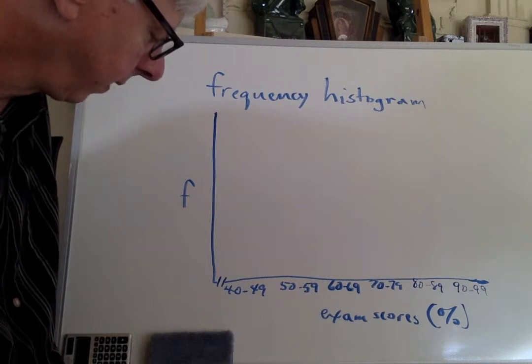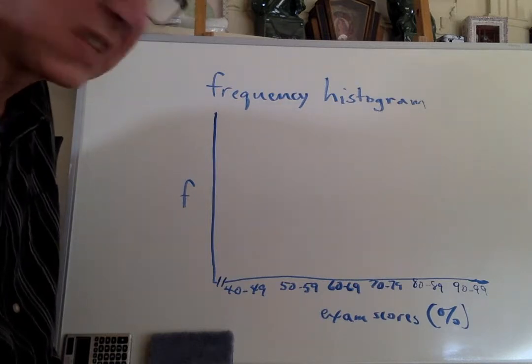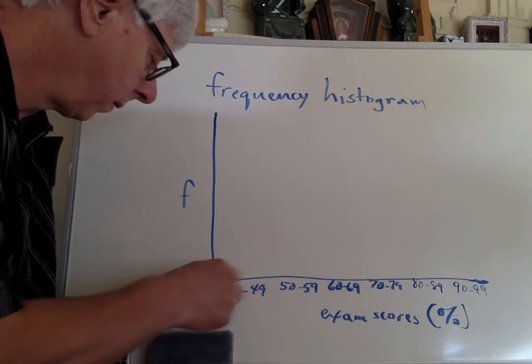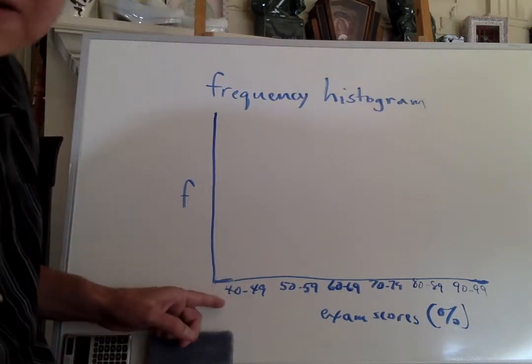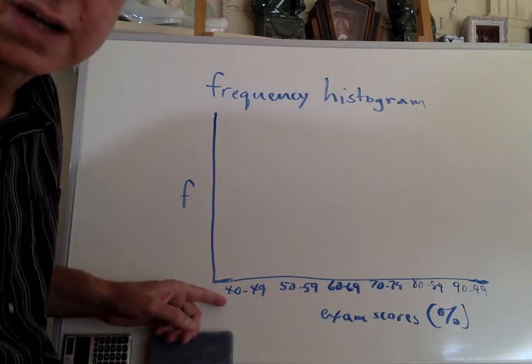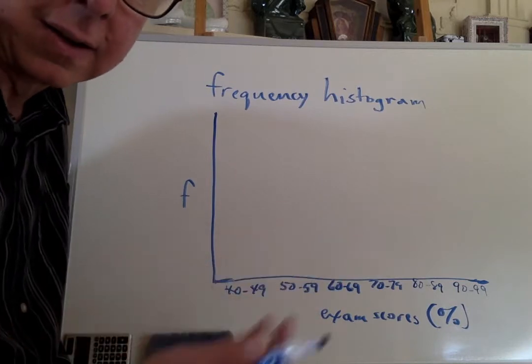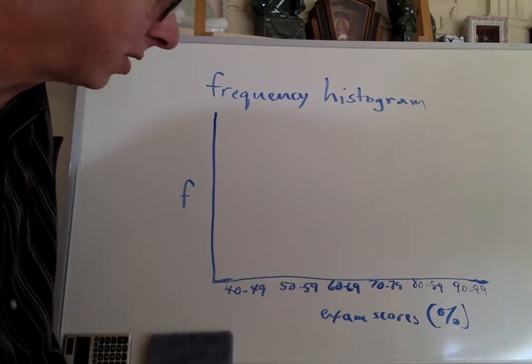I always find that quite silly, because what I always say is, as soon as I saw that 40, I knew that you weren't starting at 0. So putting that little hash line in there doesn't really give me any more information.